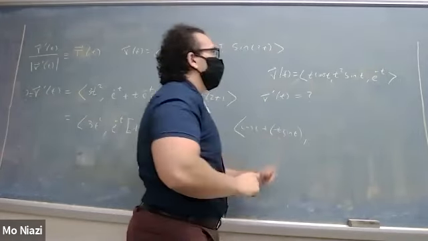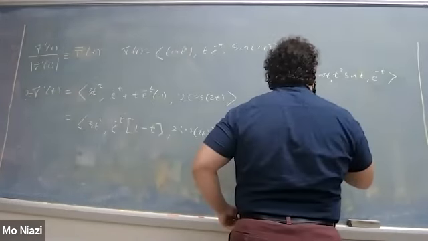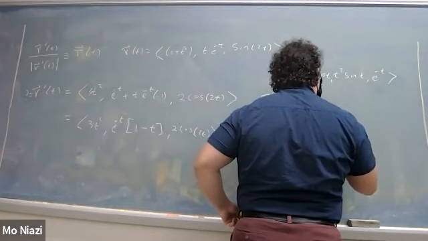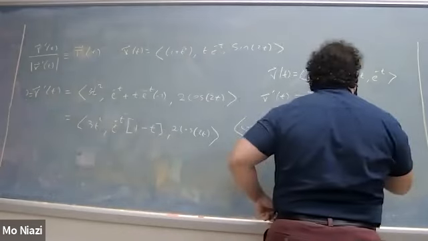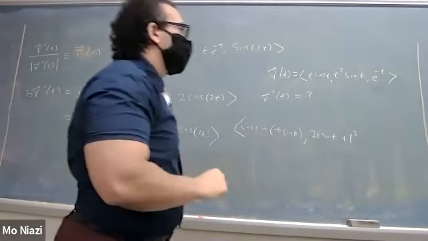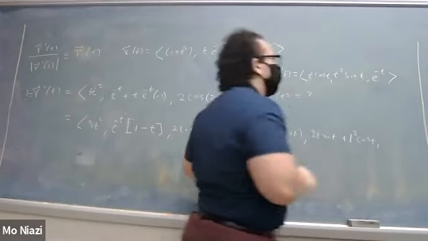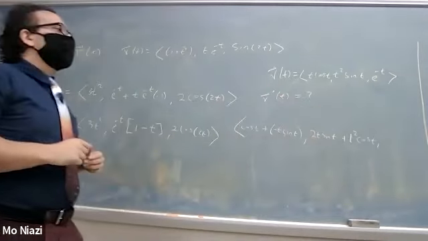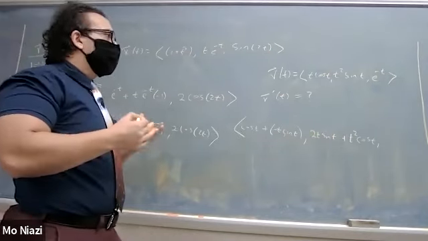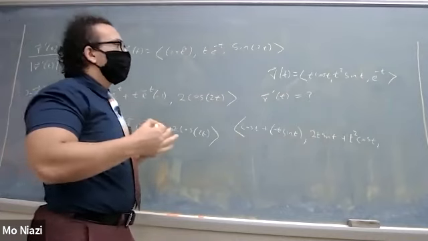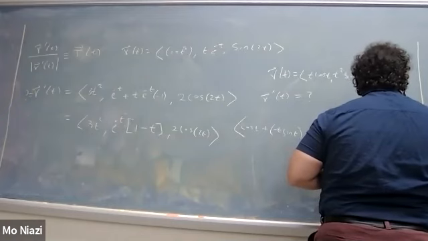And then next we move on to this t squared sine of t. When I differentiate t squared, I get 2t, and that sine of t comes along for the ride. Plus, now I leave t squared alone, and the derivative of sine is cosine, so cosine of t comes here. Next is our beloved negative exponential, e to the negative t. The derivative of e to the negative t is e to the negative t times d/dt of negative t, which is negative 1. So this becomes negative e to the negative t.